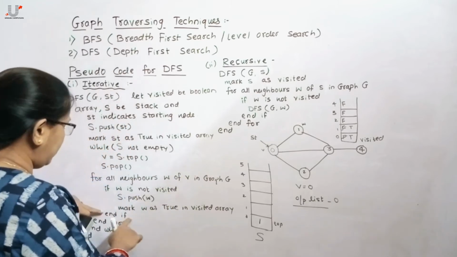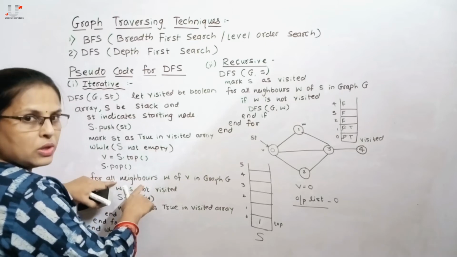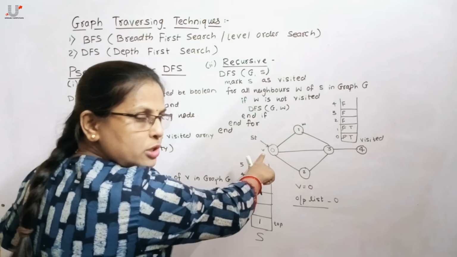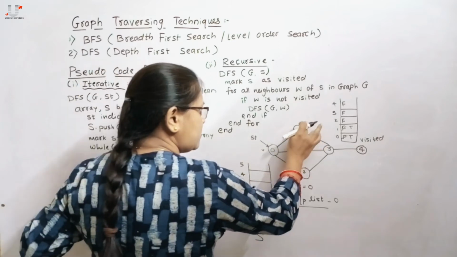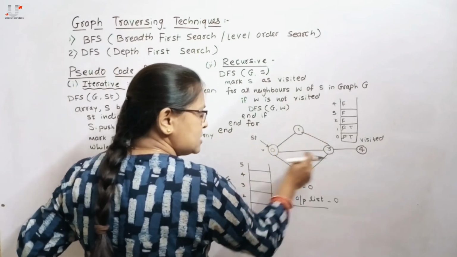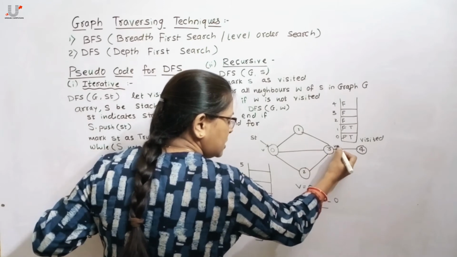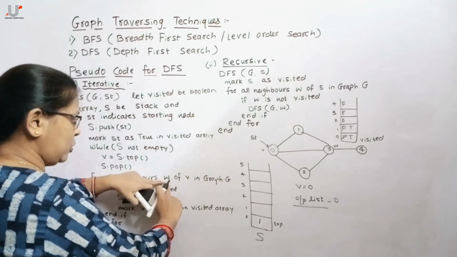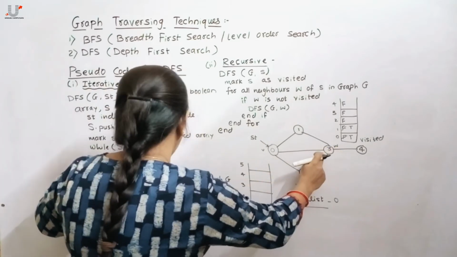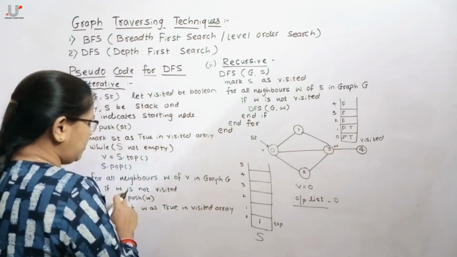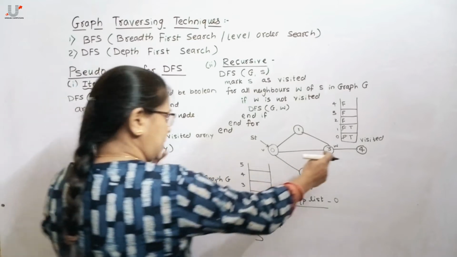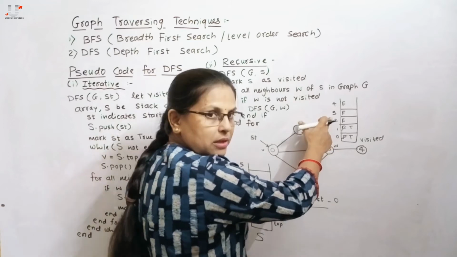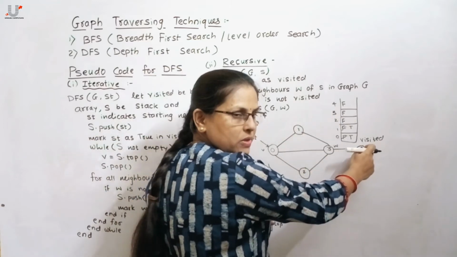Then end if. It will check whether any unprocessed adjacent or neighboring node of this v is present. For this v, the next adjacent vertex in this graph is 3. So w is pointing to this 3. If w is not visited, w is currently at location 3, then check the status of that 3 in the boolean visited array.